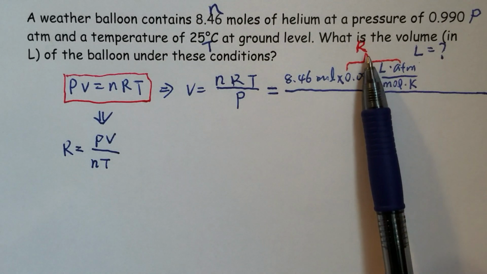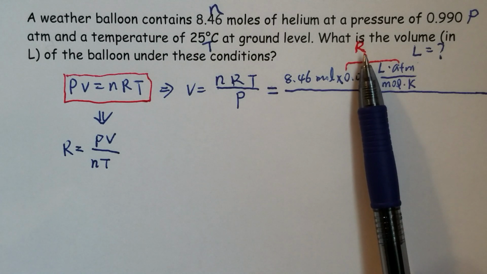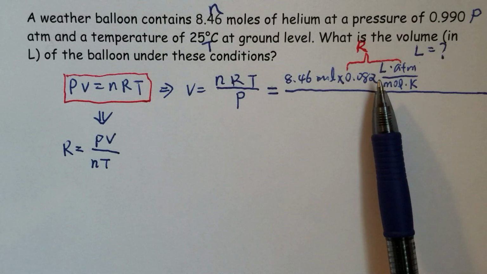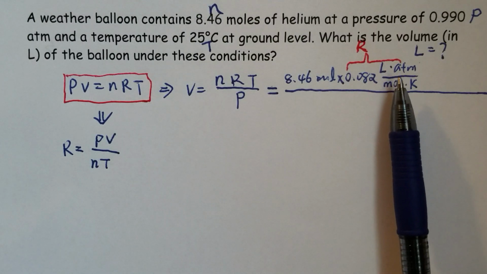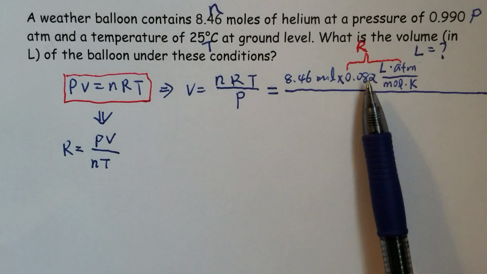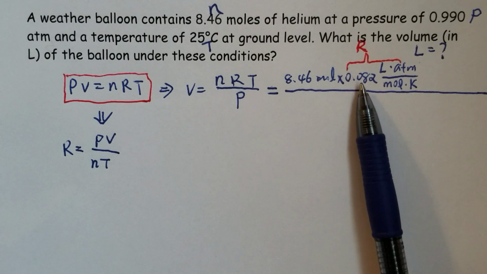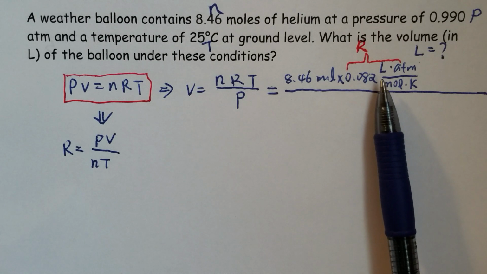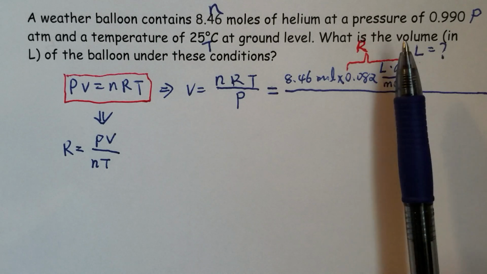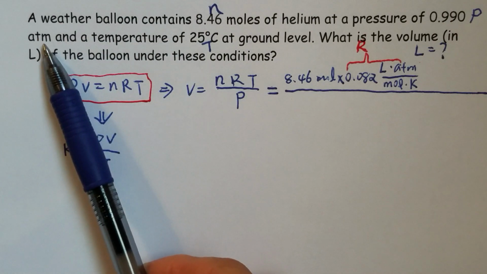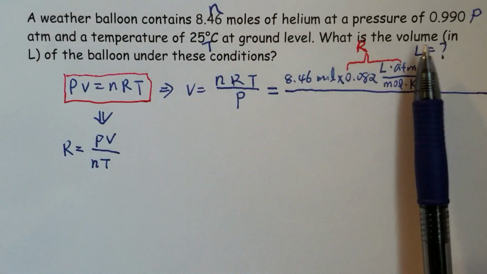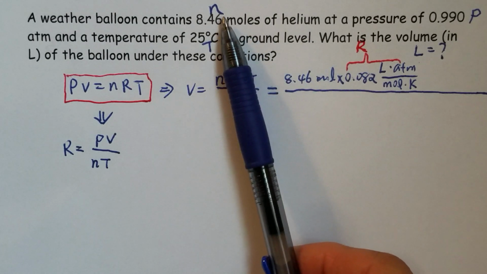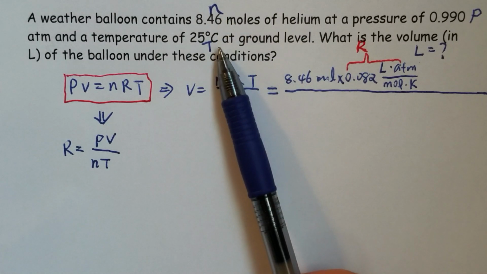Please note that there are actually two gas constants, using two different units. Okay, in this case right here, since we have the pressure units in ATM, and then the volume unit is in liter, and then we have moles, and then of course temperature in Kelvin.